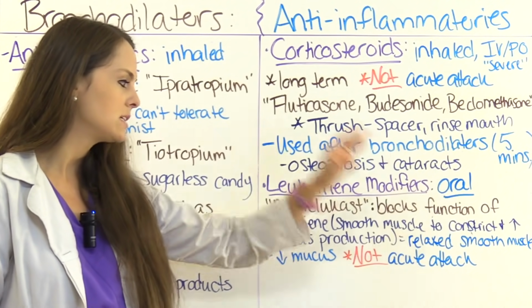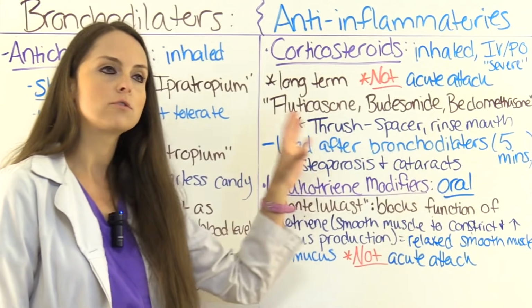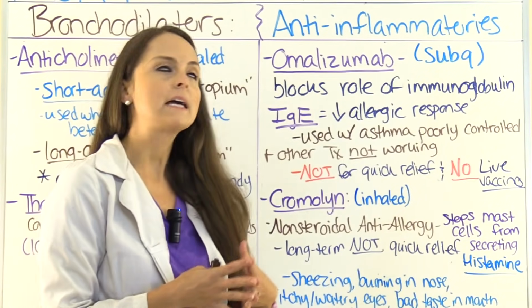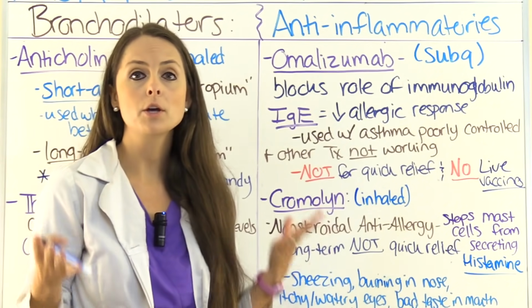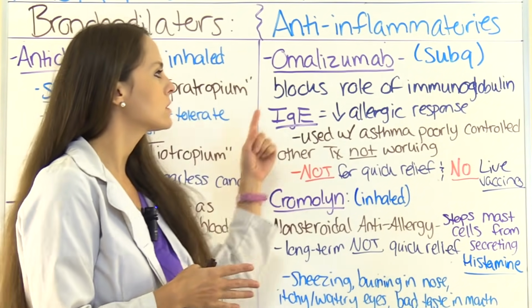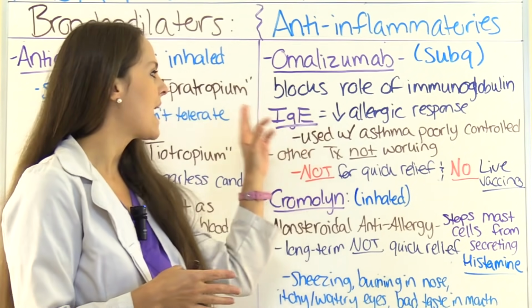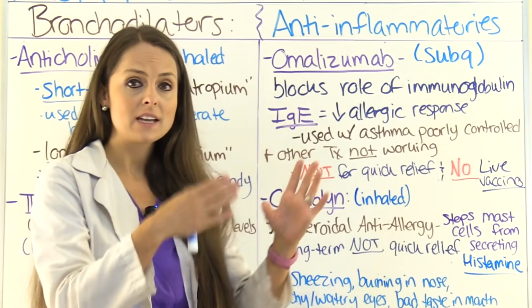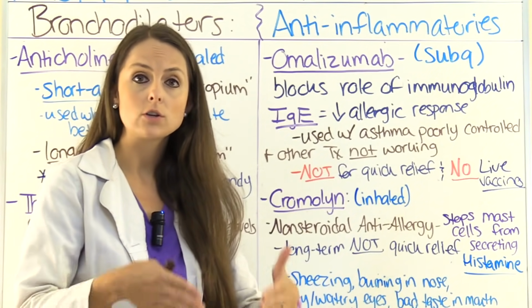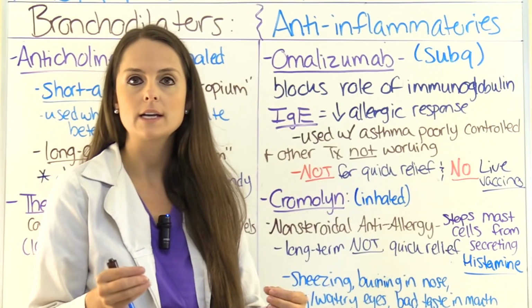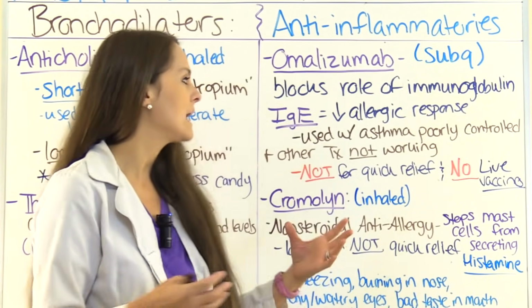Now this medication is not for an acute attack. It's for long-term treatment. Another type of anti-inflammatory is omalizumab, and this is given sub-Q, and it blocks the role of the immunoglobulin IgE. So whenever that's blocked, because it plays a role in our immune response, we have a decreased allergic reaction, hence decreased asthma attacks.